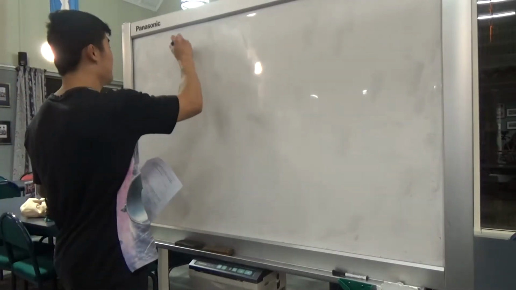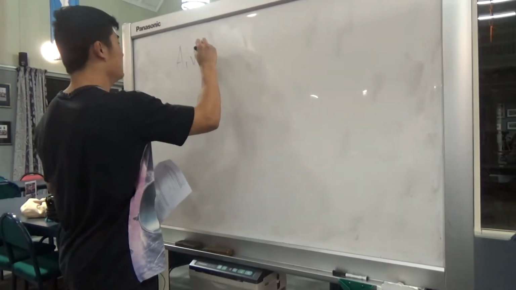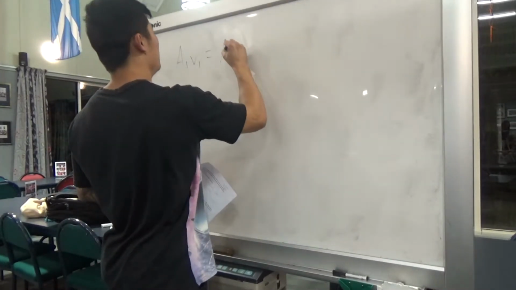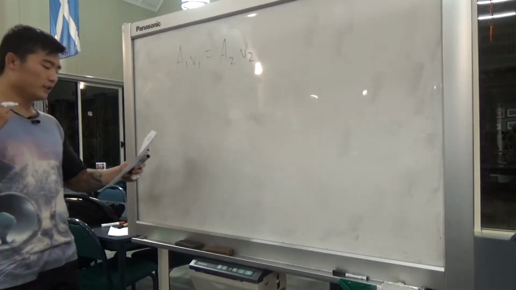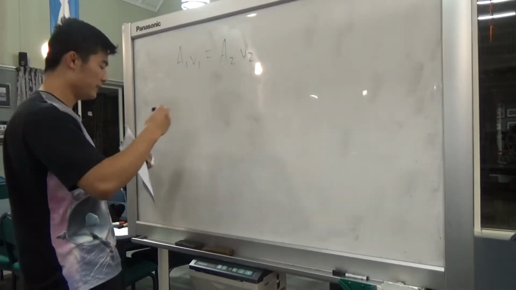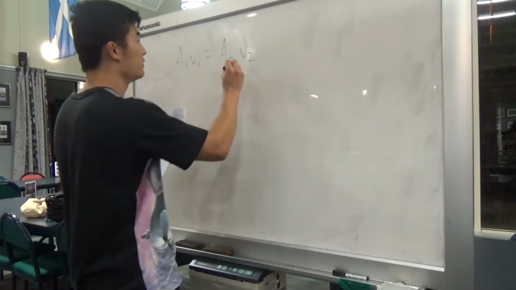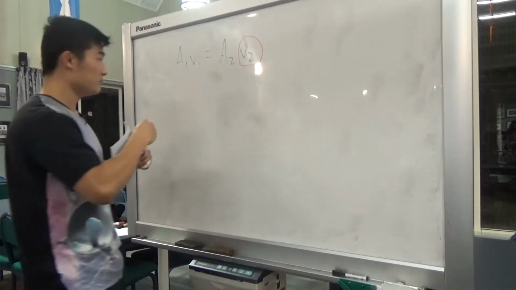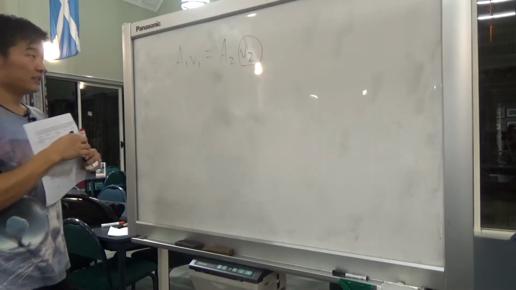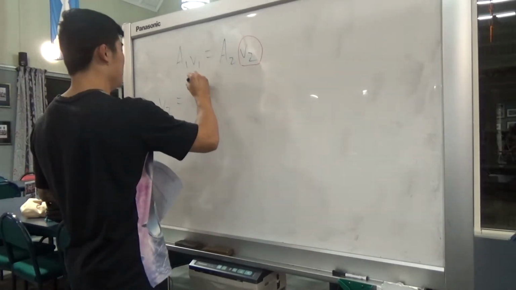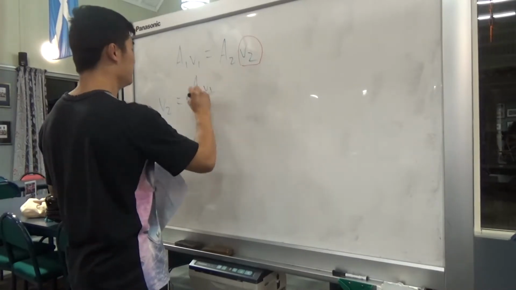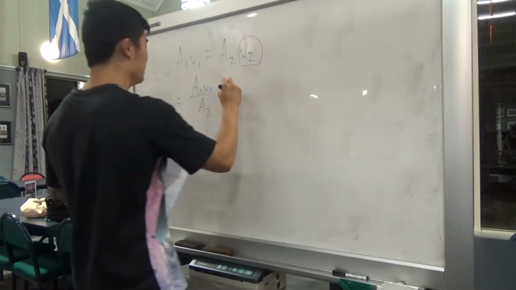So the equation is A1V1 is equal to A2V2. Okay, and we want to have velocity at point B, which is going to be V2. Right? So we're just going to rearrange this equation. V2 is equal to A1V1 over A2.